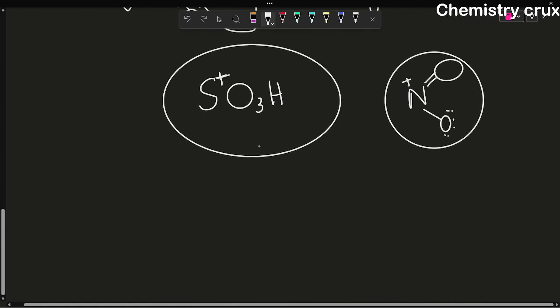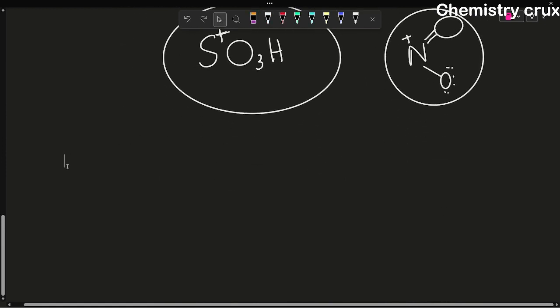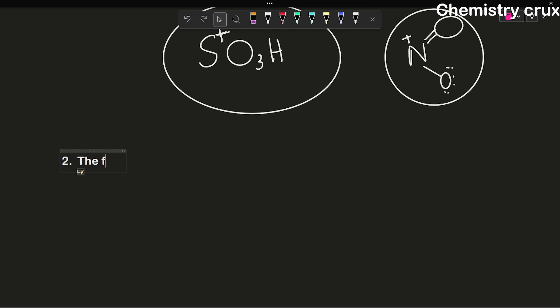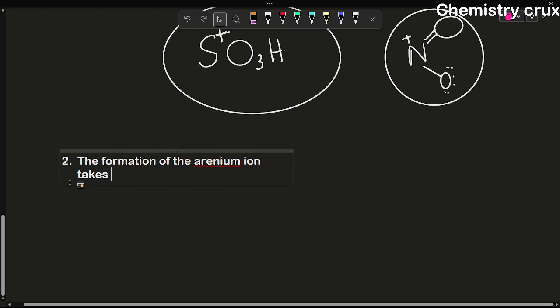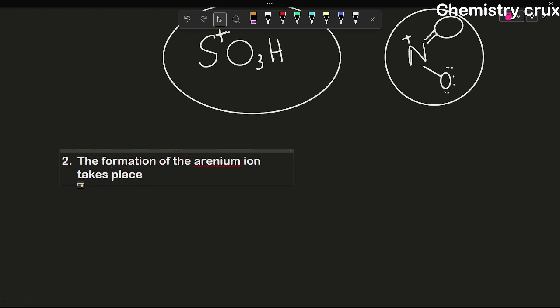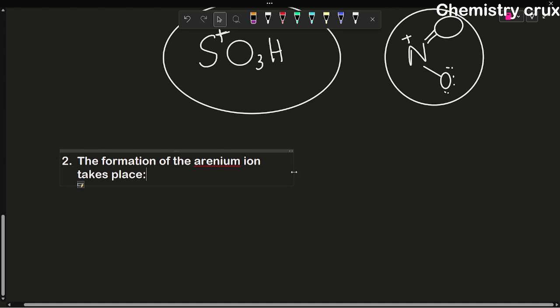Now let's go to step number 2. In step number 2, the formation of the Arenium ion takes place. This step is very crucial because in this step the electrophile attacks the benzene ring.